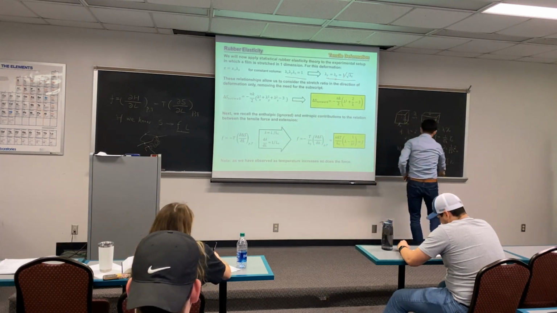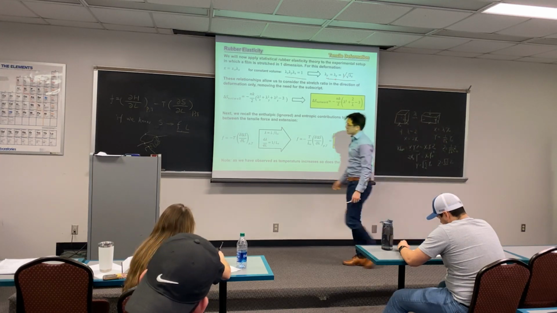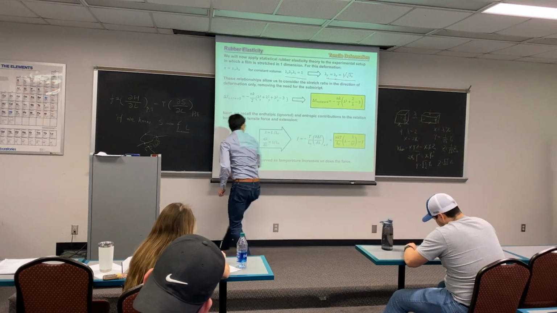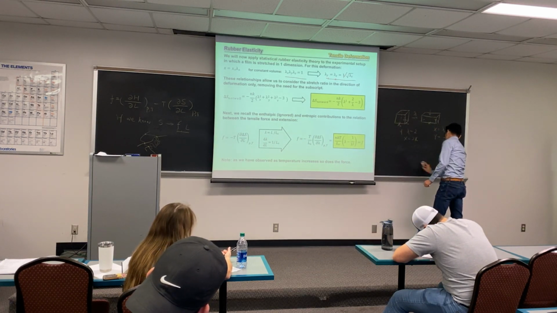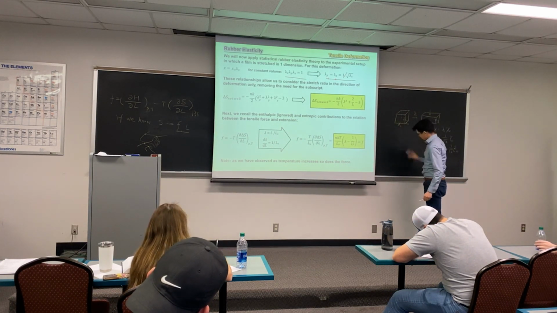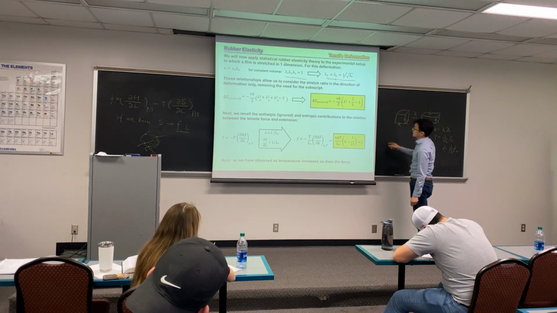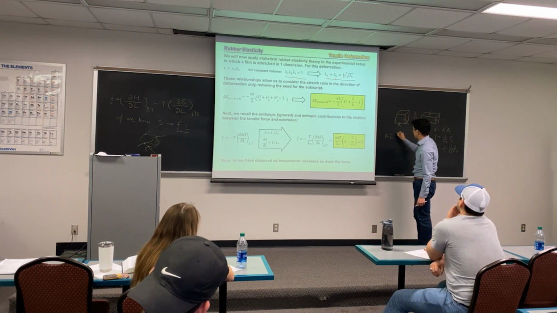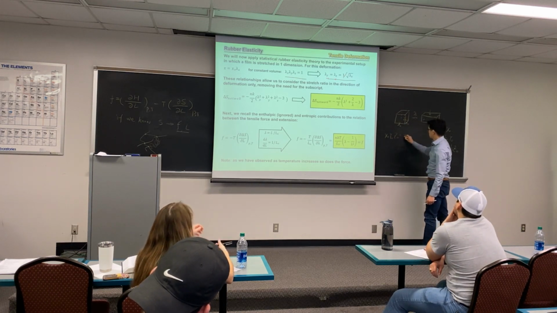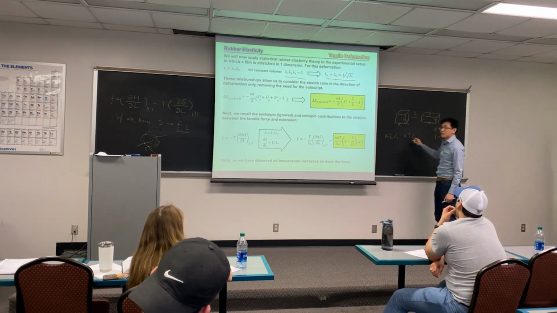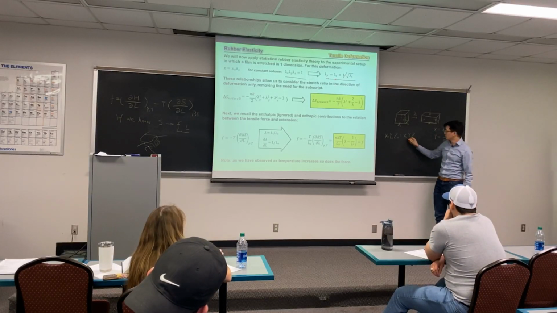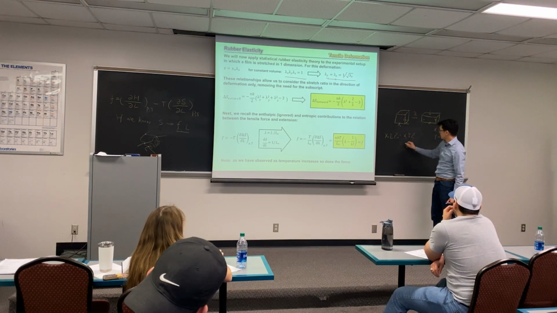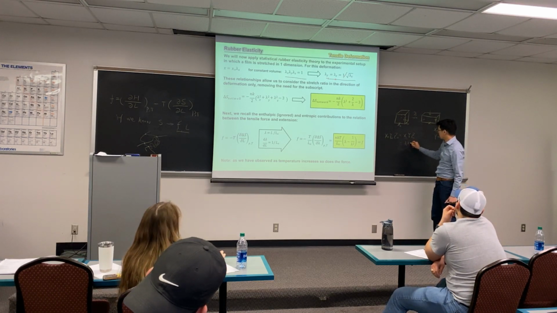Or you can think about, let me get an eraser. There is no volume change, meaning let's assume x0 multiplied by y0 multiplied by z0 will equal xyz. That's the definition of the volume. And we know x will equal lambda x times x0.